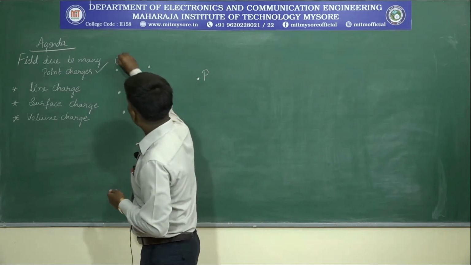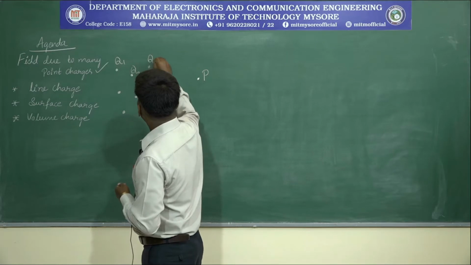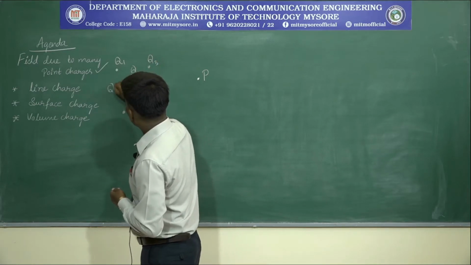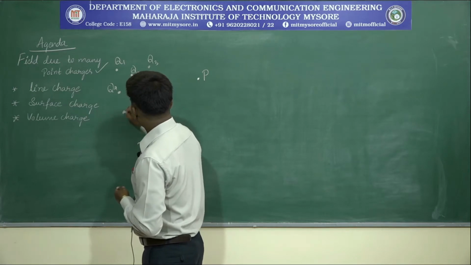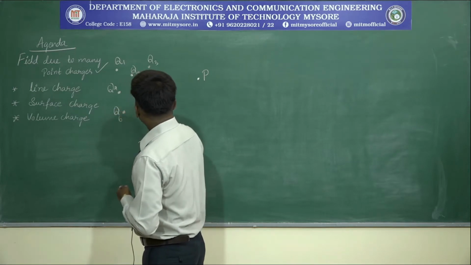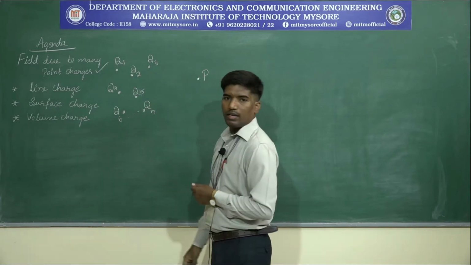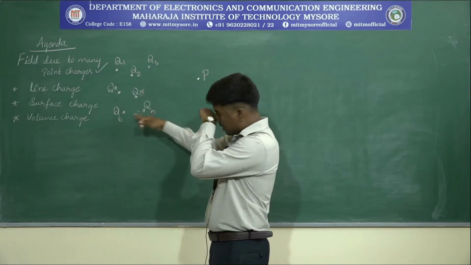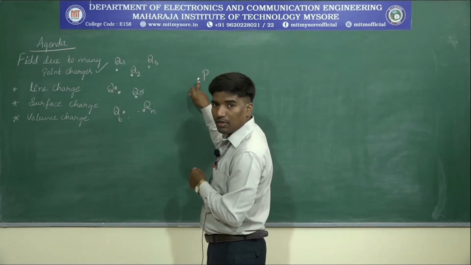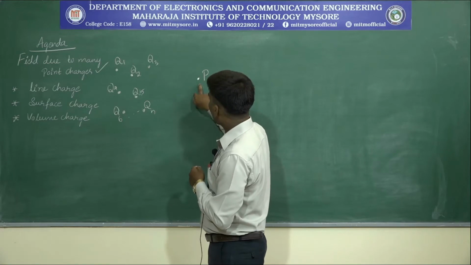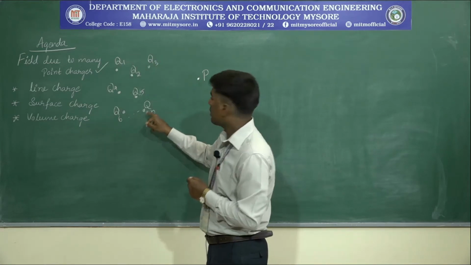Let us have these many point charges, Q1, Q2, and so on up to Qn. There are n number of point charges. We need to identify the electric field intensity at point P influenced by all the n point charges.